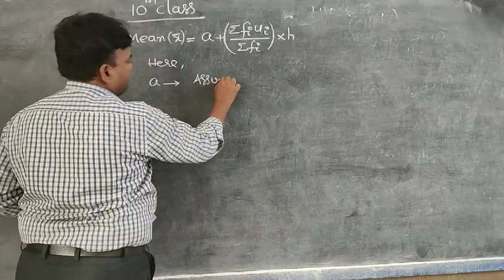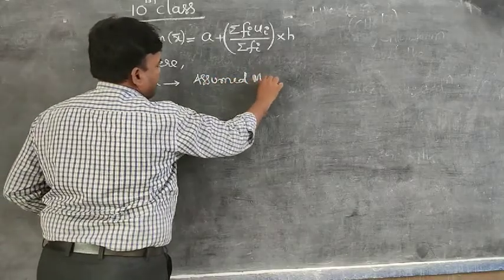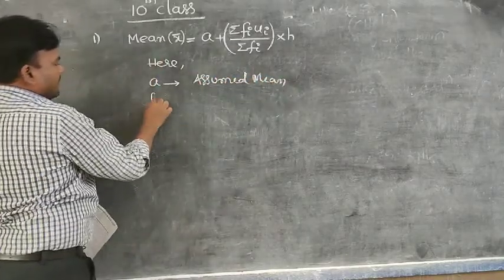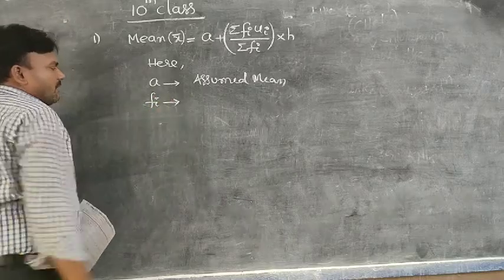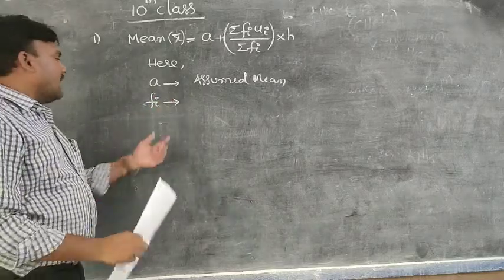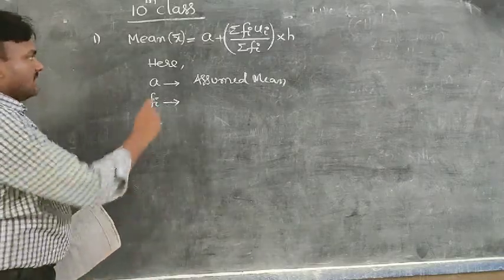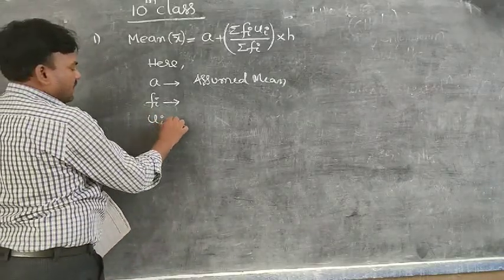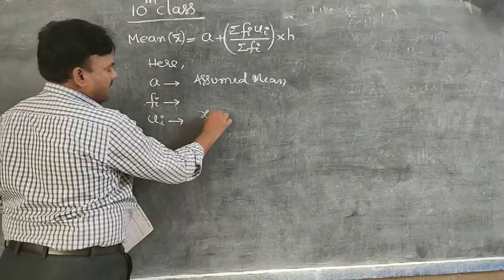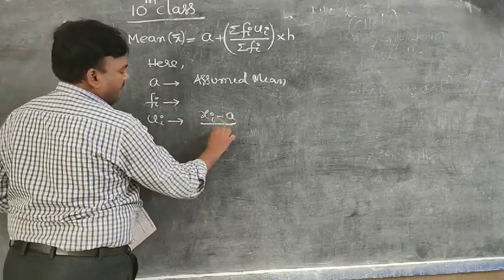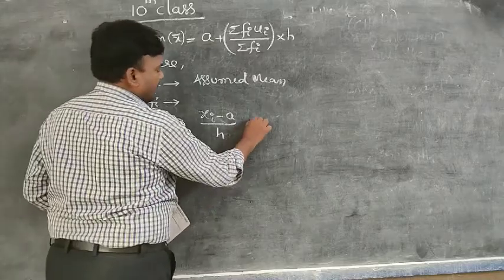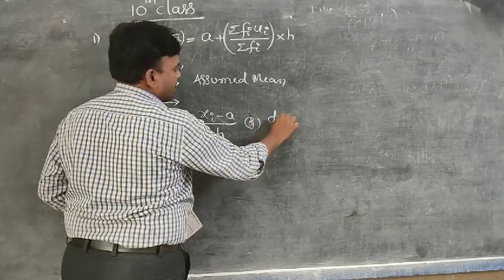A represents assumed mean. Next, fi means frequencies of i items. Next, ui equals xi minus a by h, or di by h.